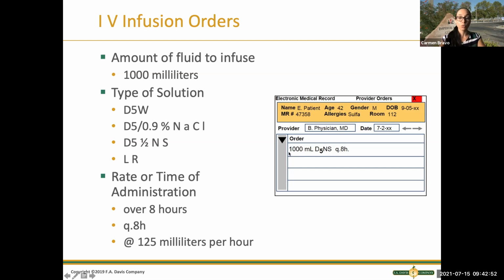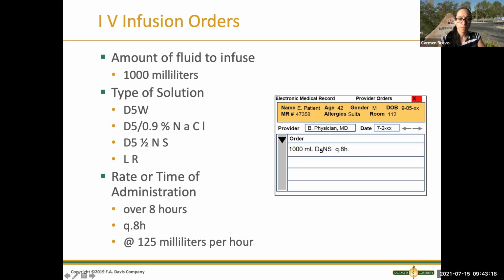And the doctor wants to infuse 1,000 mLs of D5 normal saline every 8 hours. So who can tell me what this means? What can you understand from this? Infuse 1,000 mLs of D5 normal saline every 8 hours.